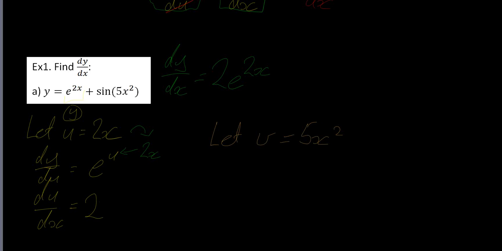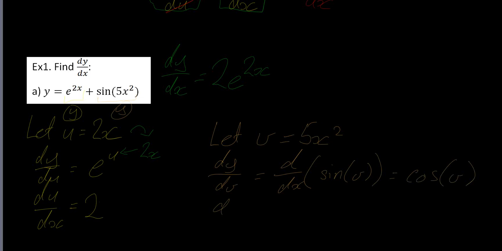So if you had a derivative of just sine v, so let's say this part over here is now a little mini y term, dy dv is the derivative of sine v, and this is equal to cosine v.